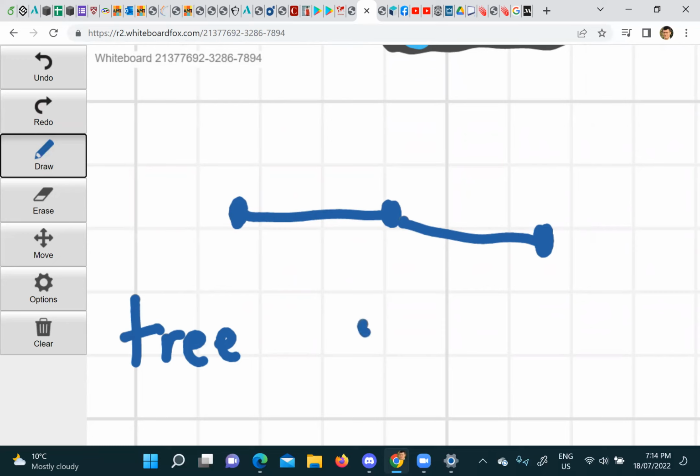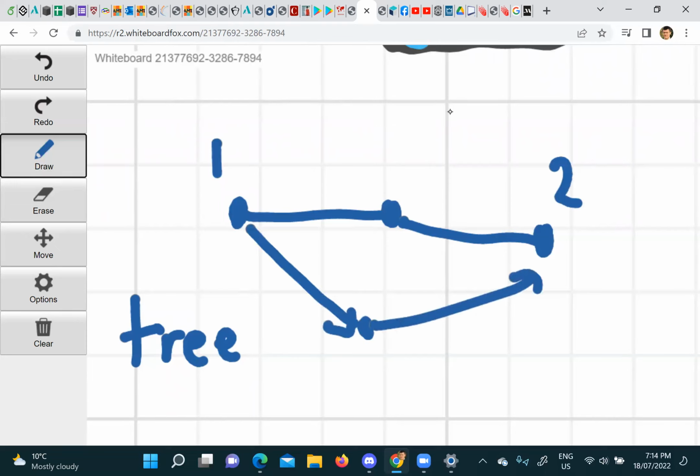For example, if this was the destination and this was the starting point, and it could go this way and then go here, so there are two ways to get to the 2, can you see that always creates a cycle? You just go back one of the ways and you can go around as a cycle. So a tree is defined as a graph that has no cycles and is connected.